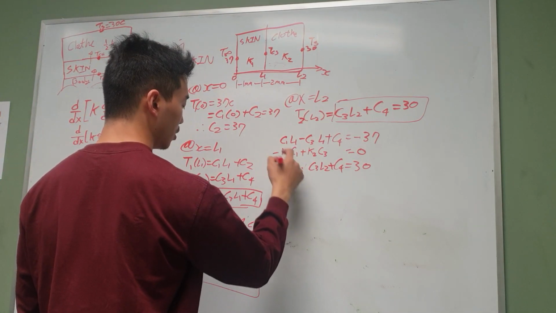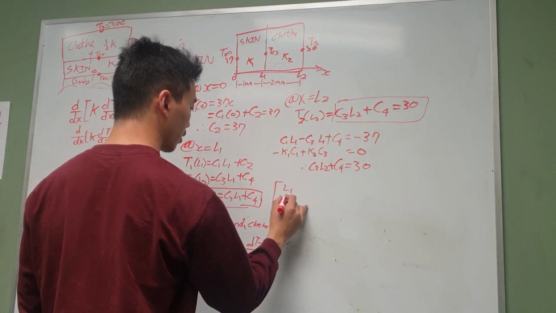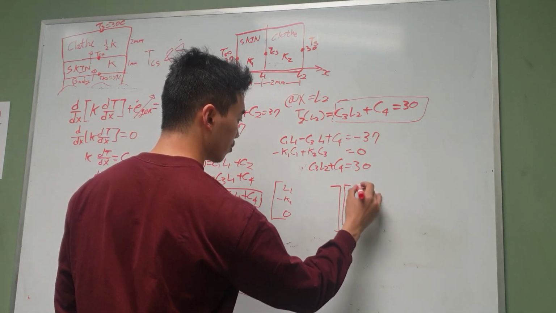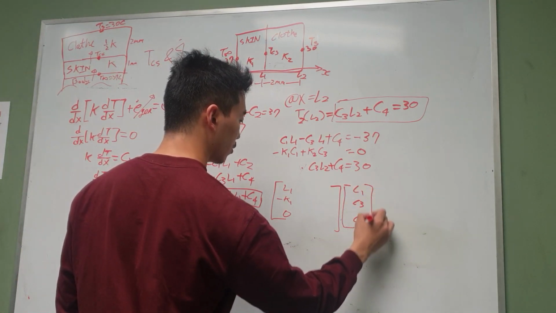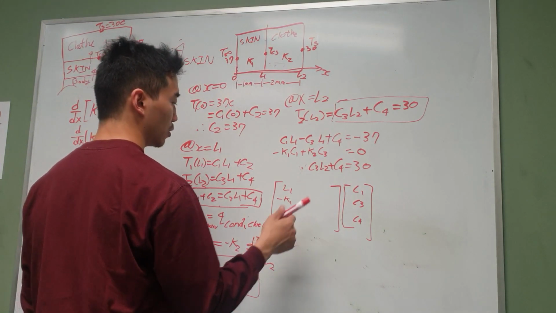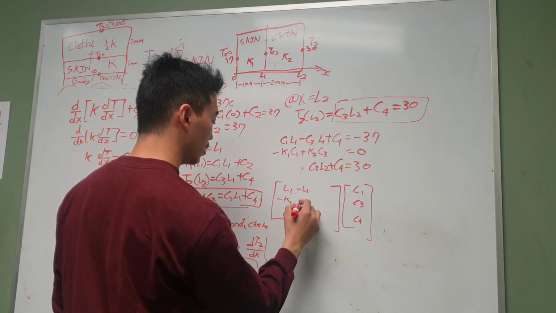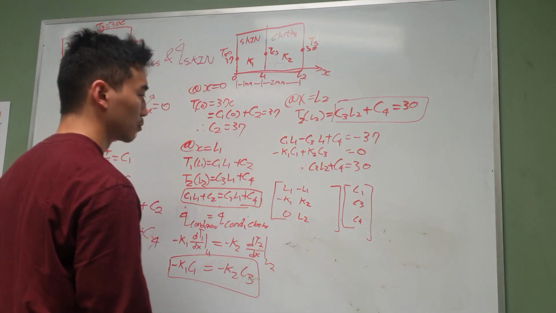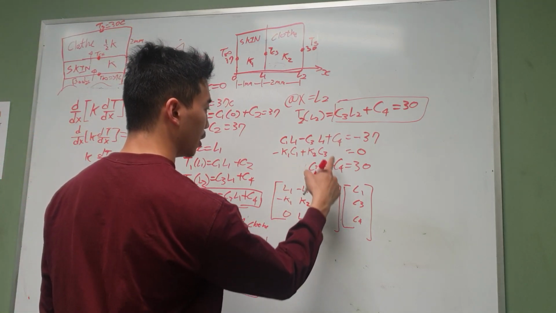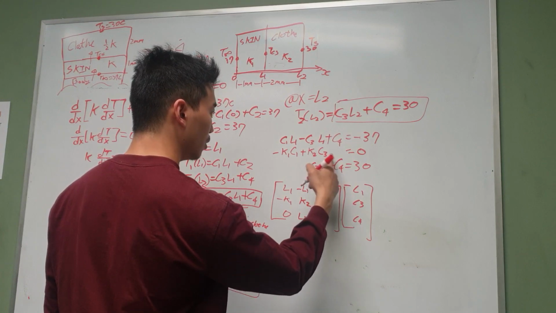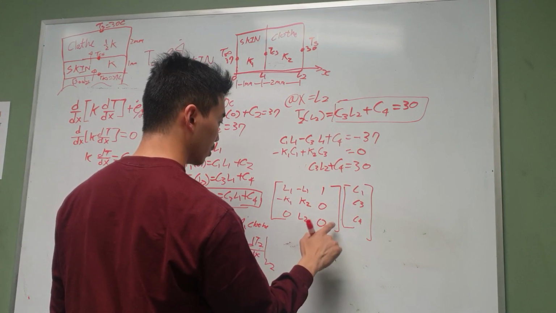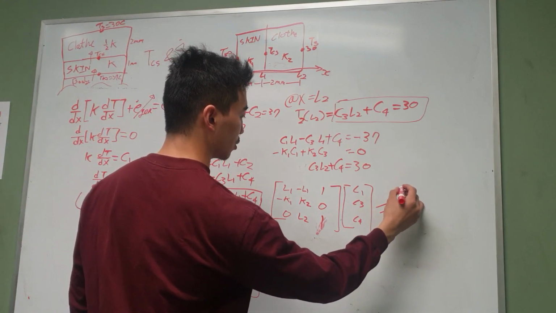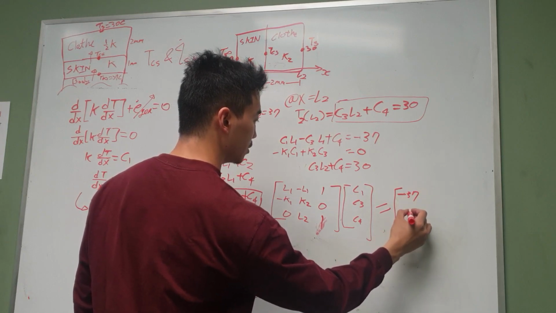So for C1, we're going to put L1, negative K1, and 0. C1, C3, C4. So for C3, we have negative L1, positive K2, and L2. And then for C4, we have 1, we have 0, and then 1. And then those are equal to negative 37, 0, and 30.